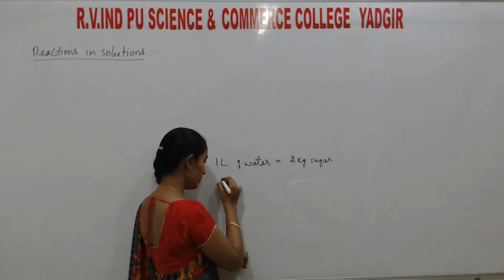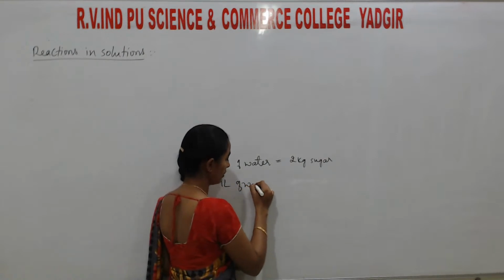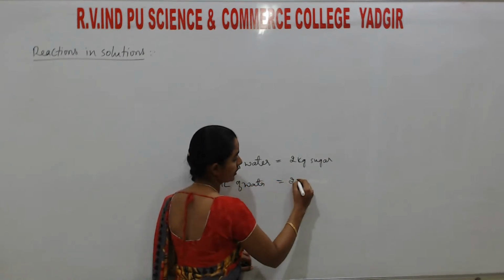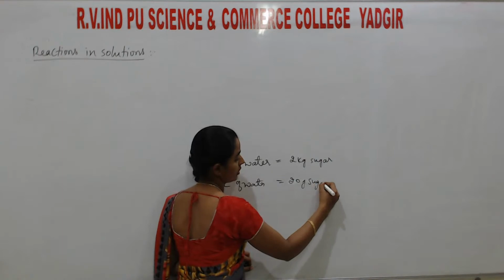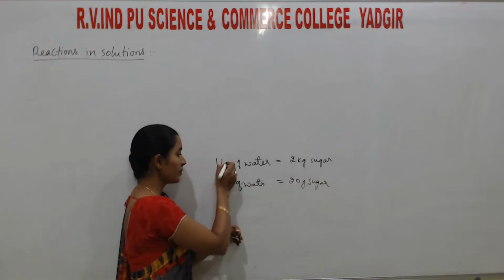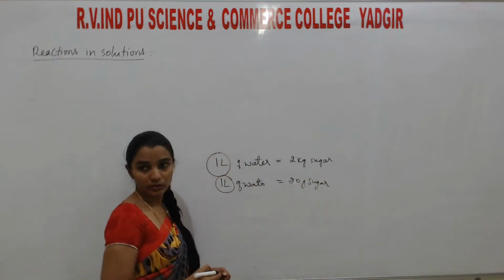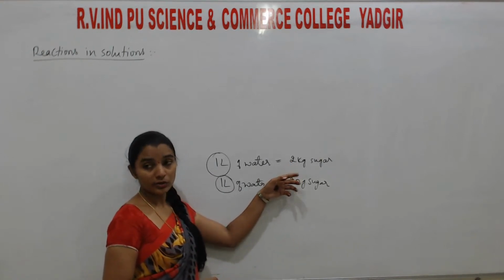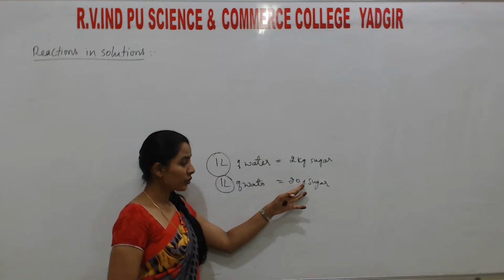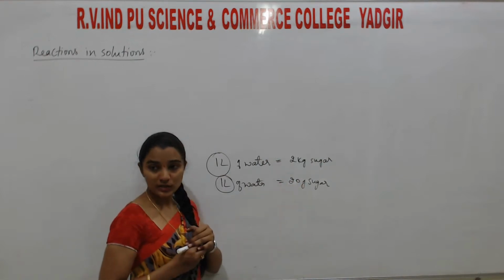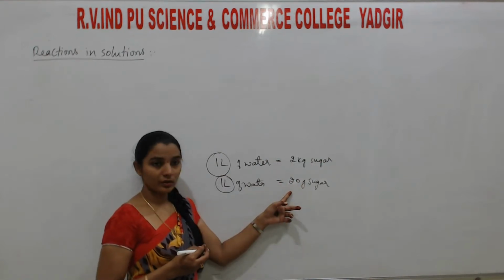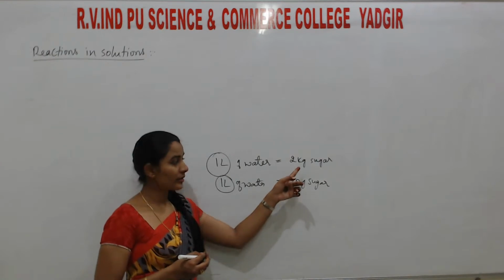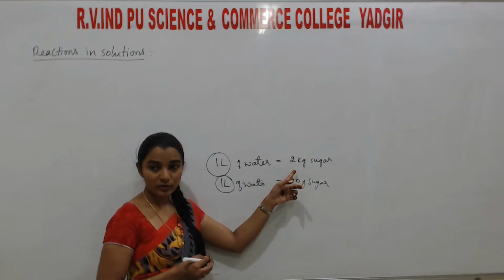Similarly, in 1 liter of water, 20 gram of sugar is dissolved. With respect to this 1 liter, 2 kg means the solute concentration is very high, and 20 gram means the solute concentration is very low. So this is a dilute solution, and this is a concentrated solution.